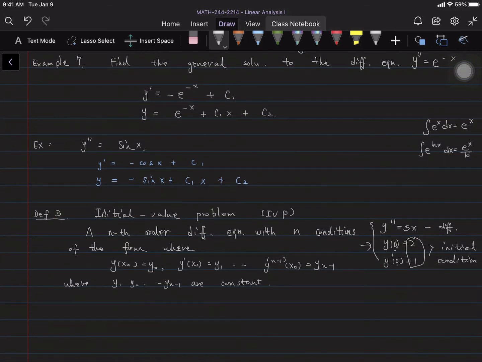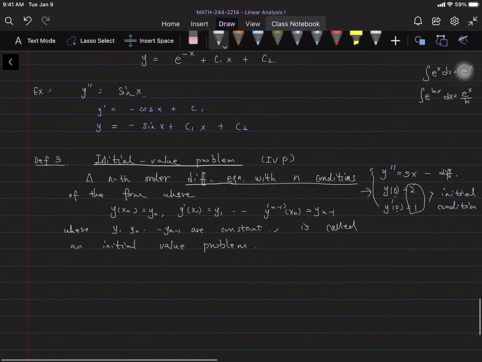That means a differential equation with initial conditions is called an initial value problem. Okay, that's the initial value problem.